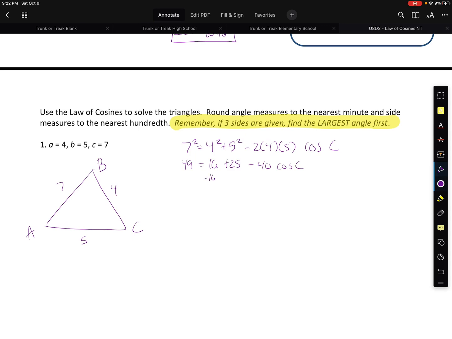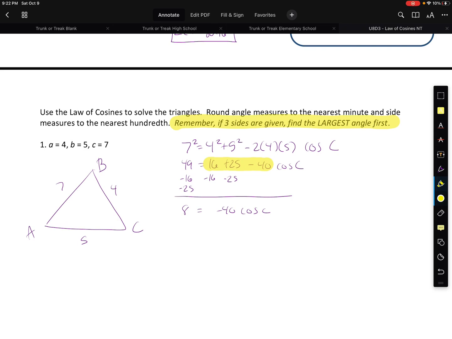Some common mistakes I see. First, subtract 16, subtract 25, and we have 49 minus 16 minus 25, 8 equals negative 40 cos C. A common mistake is people combine all three of these numbers, but we can't do that. Why can't we do that?